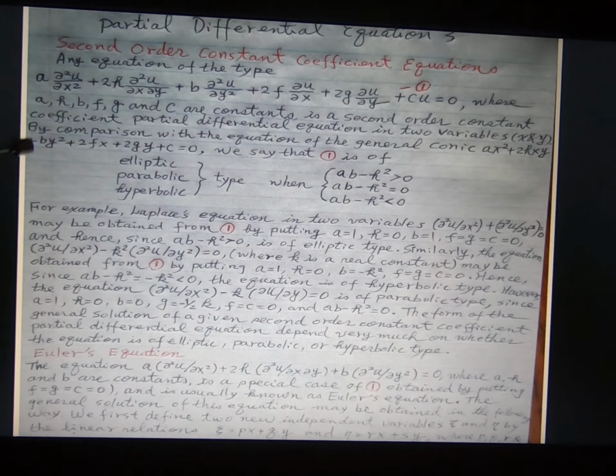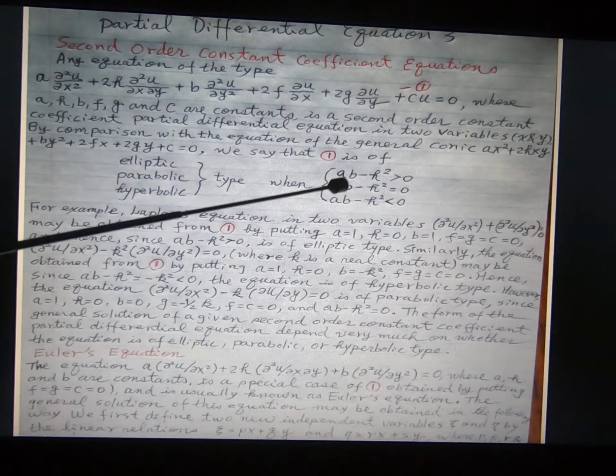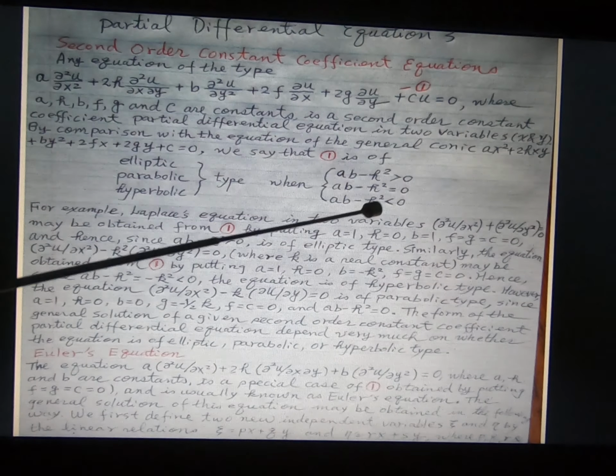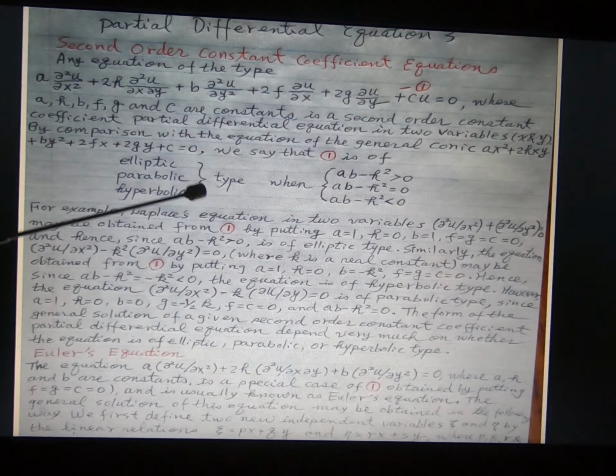So for a second order constant coefficient equation like this, you have three different types. If it is elliptic type, AB minus H squared is greater than 0; equal to 0 is parabolic; and less than 0 is hyperbolic, something like this. So let's see the Euler equation.